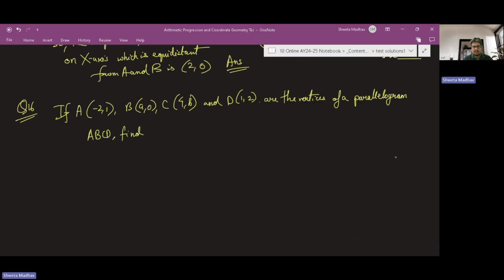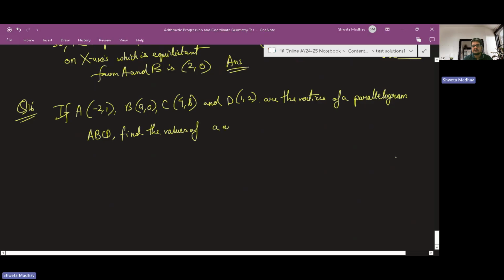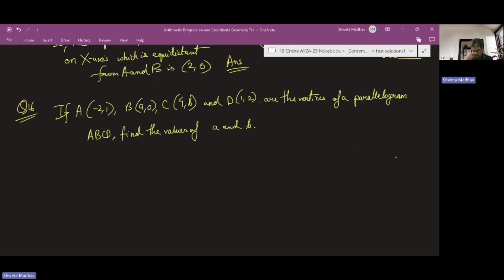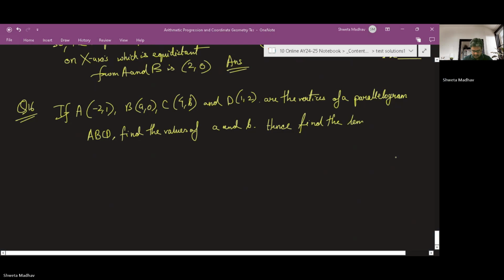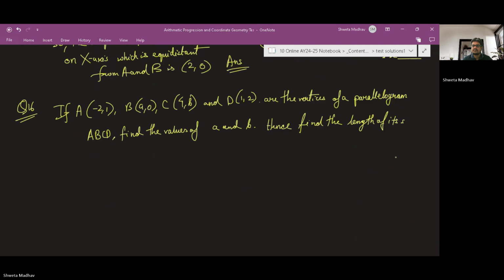Find the values of a and b, and hence find the length of its sides.